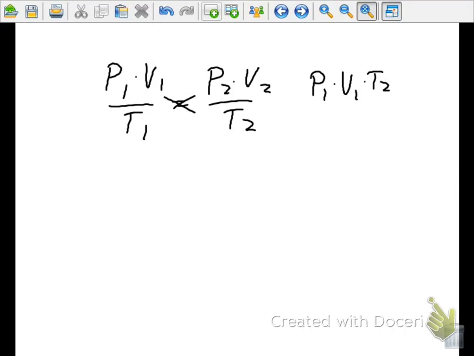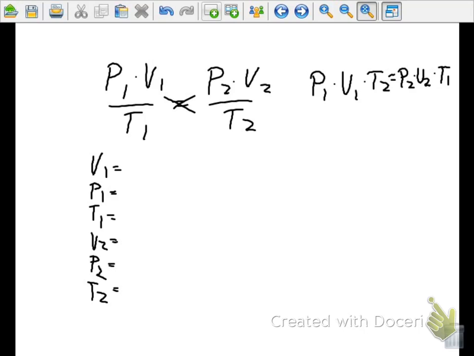That equals P2, V2, T1. All right, I know I'm using the combined gas law. We'll look at all these variables: V1, P1, T1, V2, P2, T2.